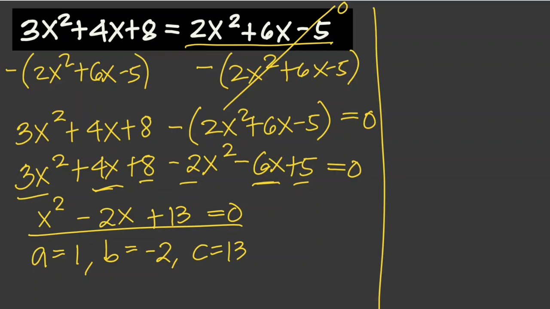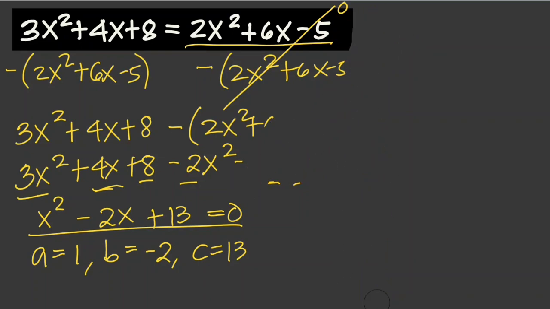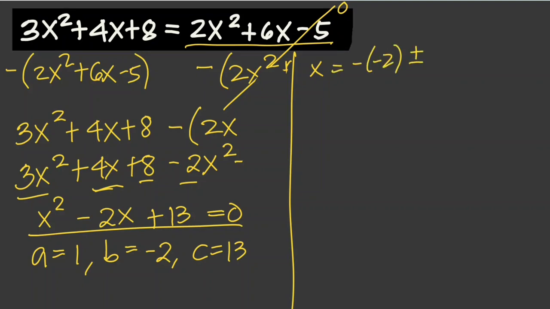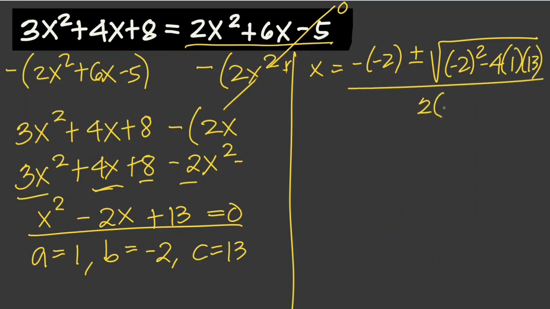And now we can plug in all these values into the quadratic formula. So x is equal to negative b. We don't have much space here, so let's just delete this. So x is equal to negative b, so the negative of negative 2, plus minus the square root of b squared, negative 2 squared, minus 4 times a times c, over 2 times a.